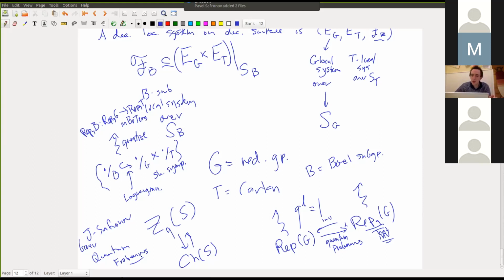Yeah, it's going to be a complex version of the story that you're familiar with. So it's like omega 1 of the surface with coefficients in the adjoint bundle of E is the Kähler space. Right, that's the classical story.